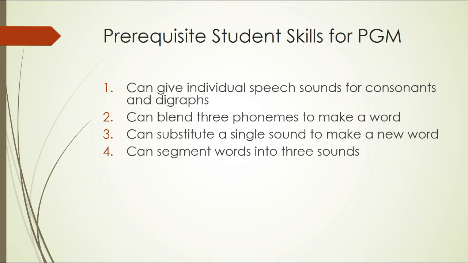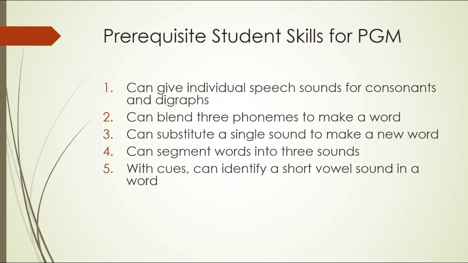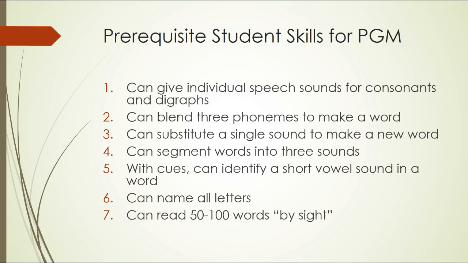I just simplified it a little bit more here. To segment words into three sounds. With cues, they can identify a short vowel sound in a word, they can name all the letters, and they can read 50 to 100 words by sight.